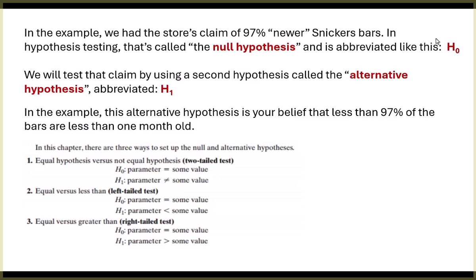The average height of 18-year-old girls in Texas is 5'4". We'd say mu equals 5'4" right there. The alternative might be, no, we think it's something different. Now think about that. That means it could be either higher or lower. That's called a two-tail test.